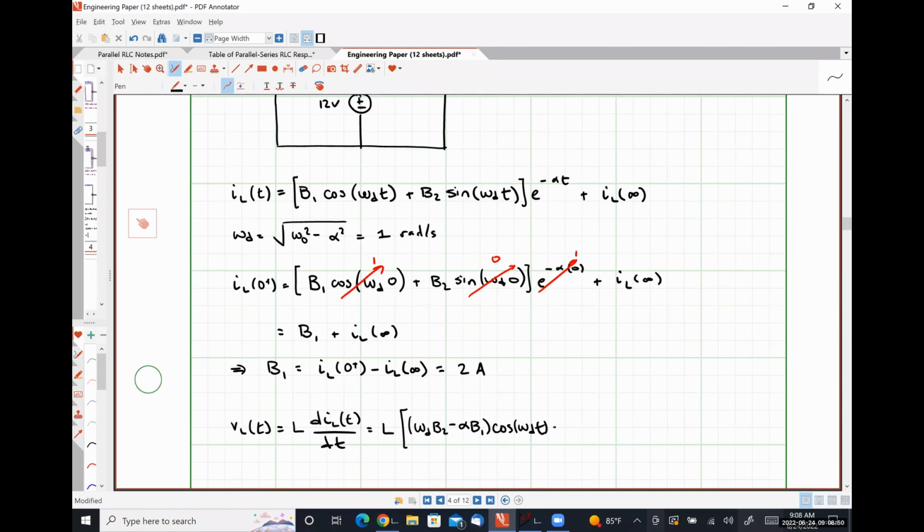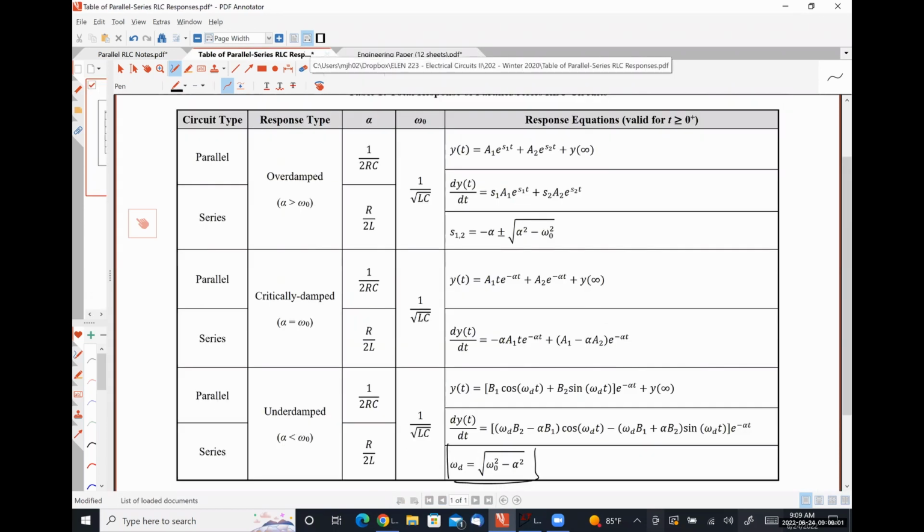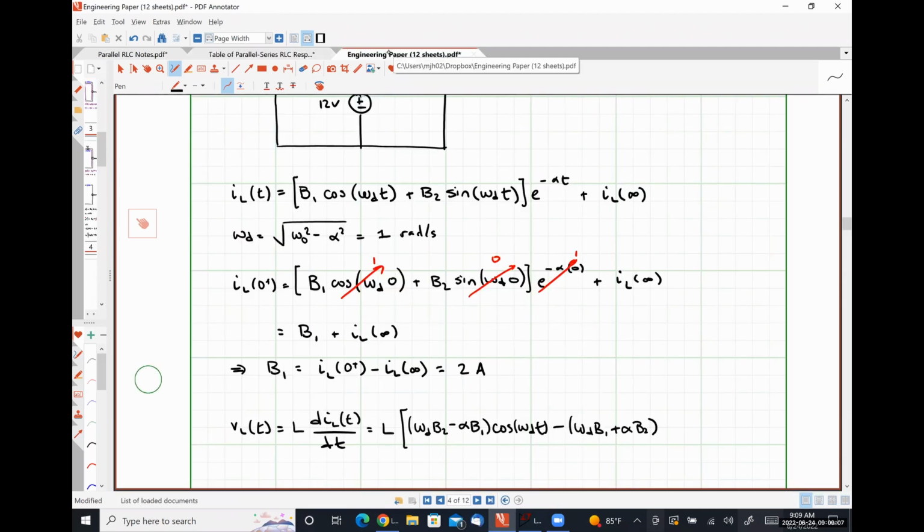And I believe I have minus omega d B1 plus alpha B2, but let's just double check that. Yep, minus omega d B1 plus alpha B2. All right. Times the sine of omega d t e to the minus alpha t. And going to the next page.